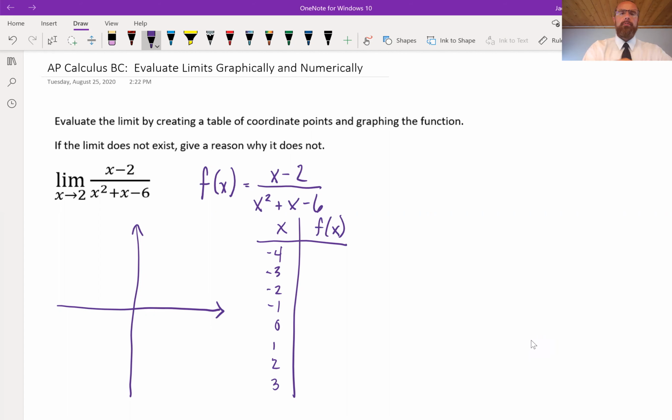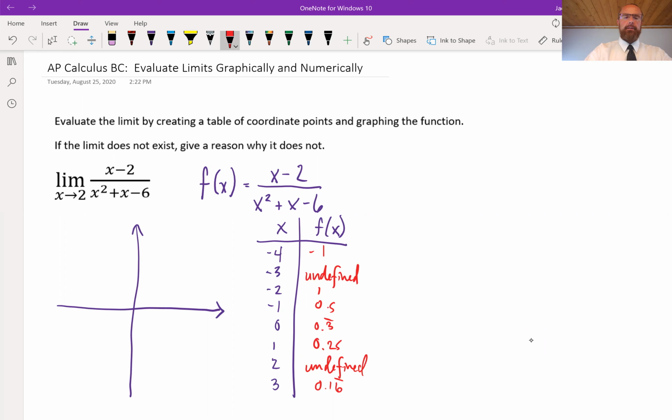And then the output values are -1. At -3 was undefined. -2 was 1, 0.5, 0.333 repeating, 0.25, another undefined value, and then 0.1666 repeating.